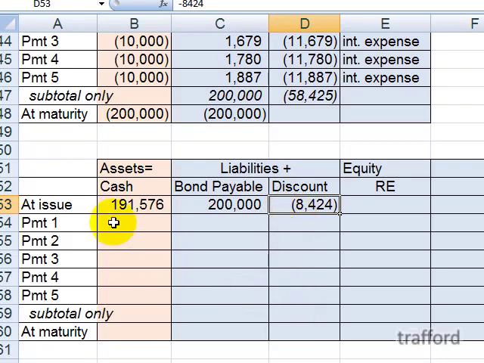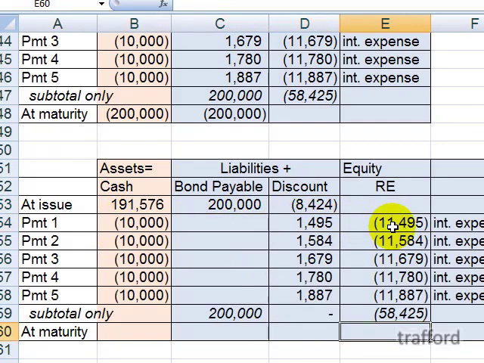So the rest of the accounting looks very similar to what we saw before. When the corporation pays $10,000 in interest, they record interest expense of $11,495, and the bond discount account gets credited by $1,495, and eventually the bond discount account becomes 0.